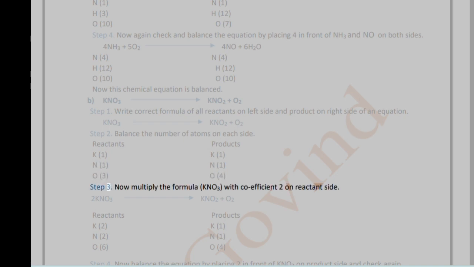Step 3. Now multiply the formula KNO3 with coefficient 2 on the reactant side. 2KNO3 gives KNO2 plus O2. Reactants, products: K 2, K 1, N 2, N 1, O 6, O 4.